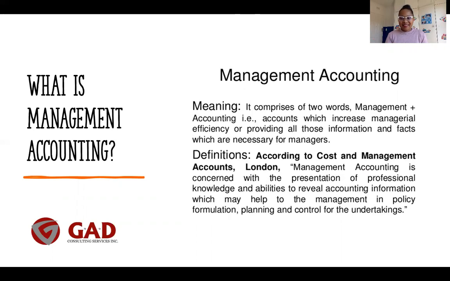So in essence, management accounting is more about presenting the information that has been collected so that you can make decisions, you can plan, and you can also control the things that are happening in your business.